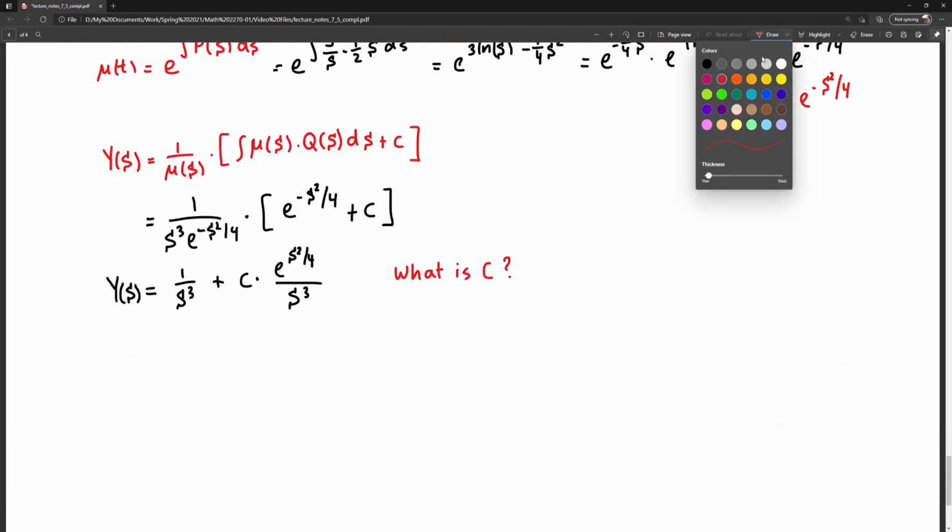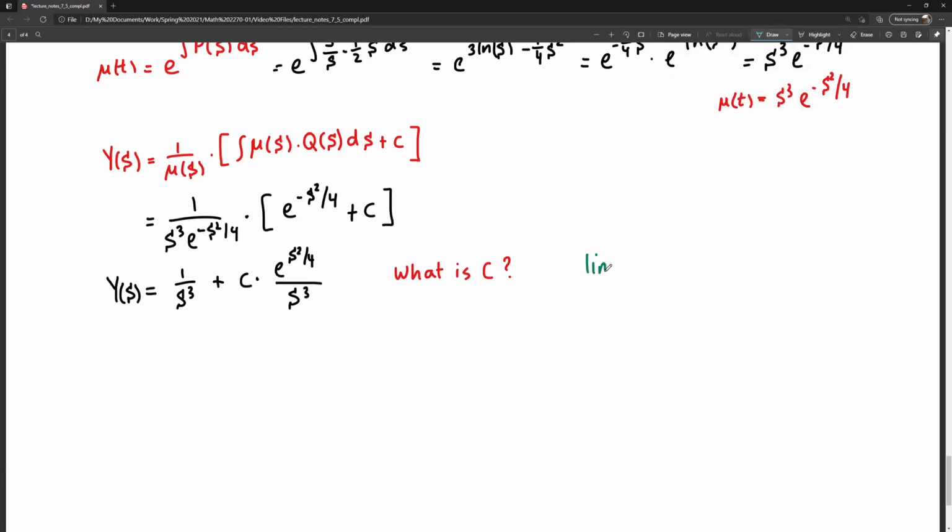So I'm going to use the property from the last video, which states that the limit as s goes to infinity of y of s needs to be equal to 0. If we look at the limit of y of s, we can clearly see that is the case for the first term. If you let s go to infinity in 1 over s cubed, you divide 1 by a really large number, and that tends to 0.